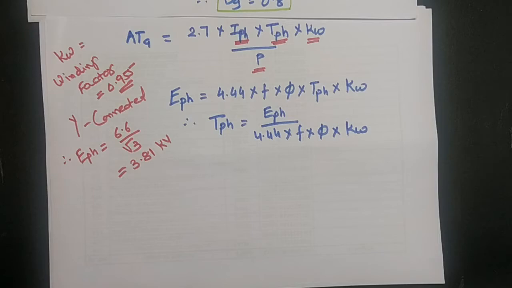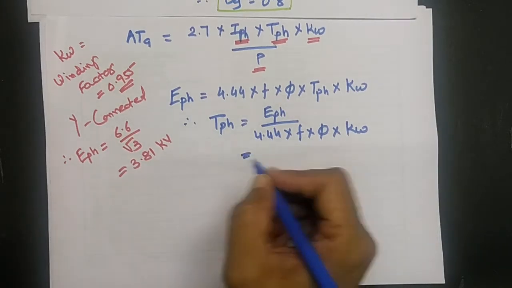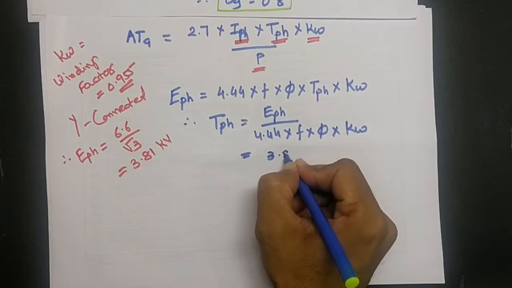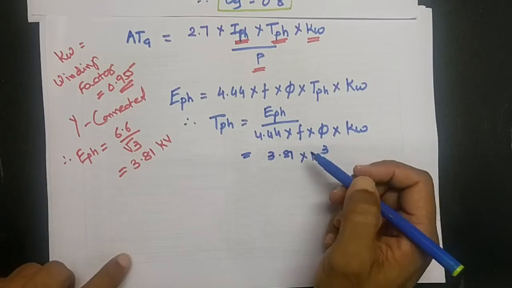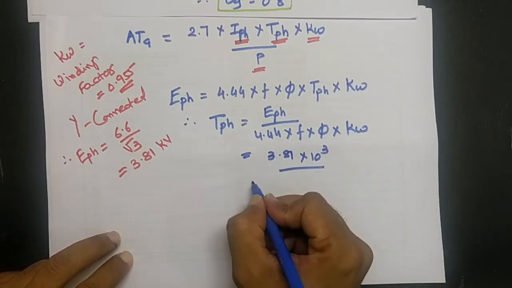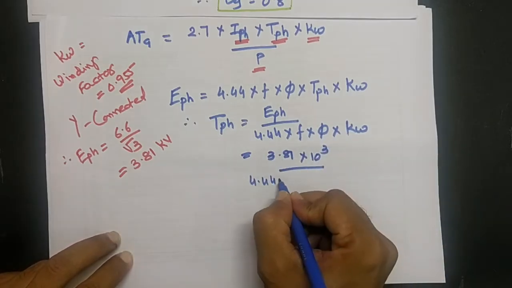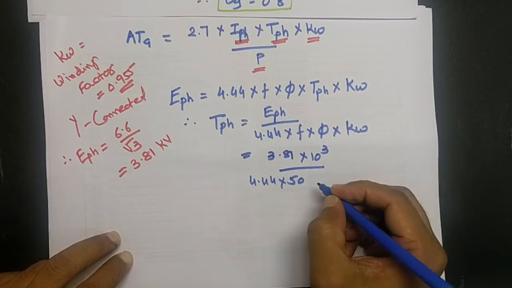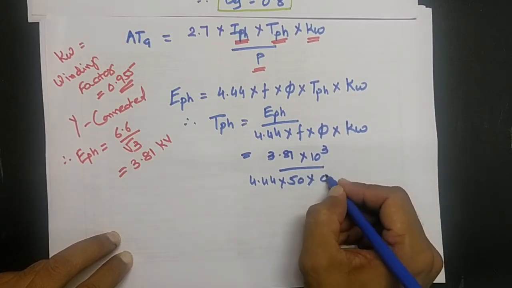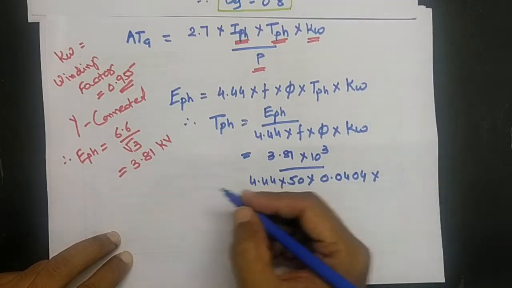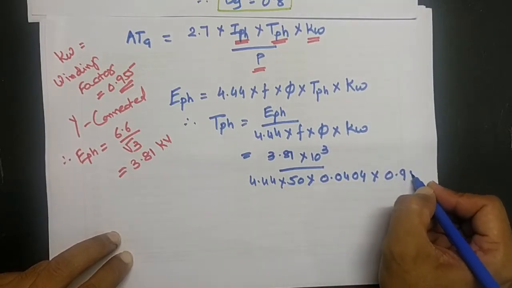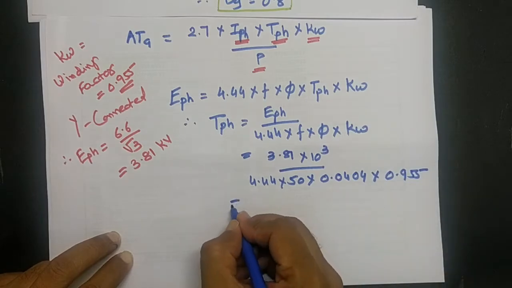So now we need to calculate turns per phase. So 3.81 multiplied by 10 raised to 3, because it is given in kV, divided by 4.44 multiplied by frequency, that is 50, flux, that is 0.0404, and kW we have assumed, that is 0.955.